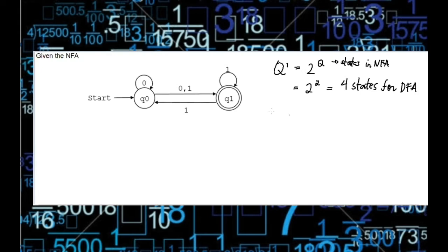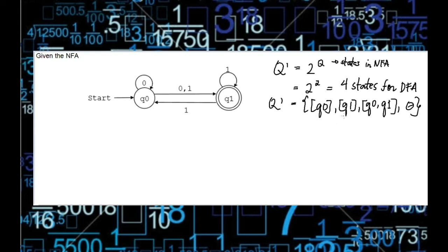So, let us list all the states that we're going to use for our DFA. So, those are Q0, Q1, Q0 Q1, then null set.